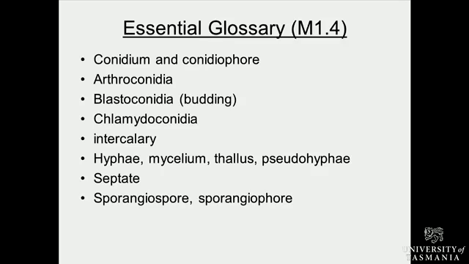These spores are called sporangiospores, and the sac is called a sporangium, and the branch is called a sporangiophore. And this class of fungus is called, or they're called zygomycetes. And they're special because they always have sporangia and sporangiospores. They always have long hyphae that's non-septate, and they're fast growers.